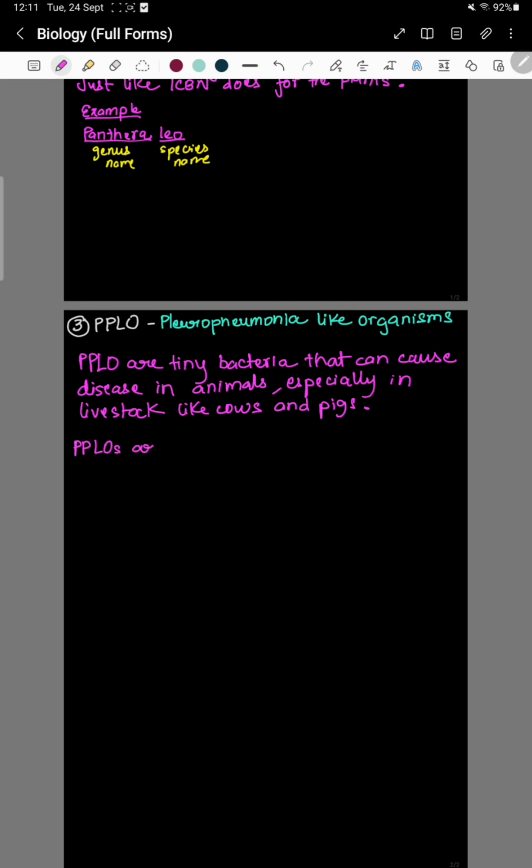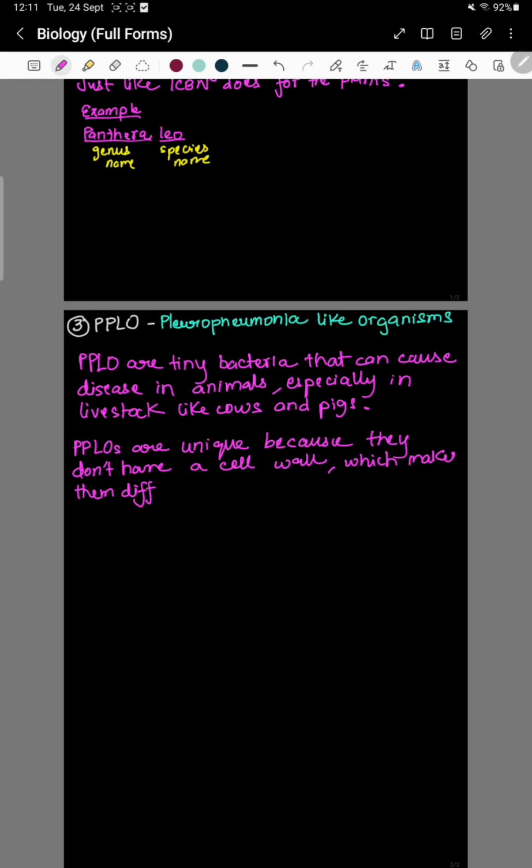PPLOs are unique because they don't have a cell wall, which makes them different from many other bacteria.